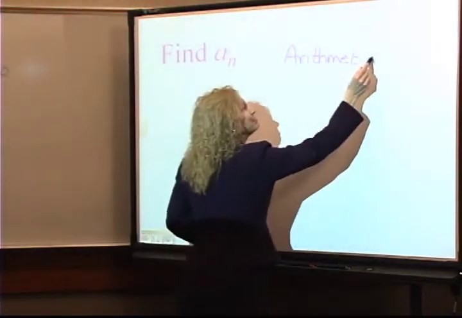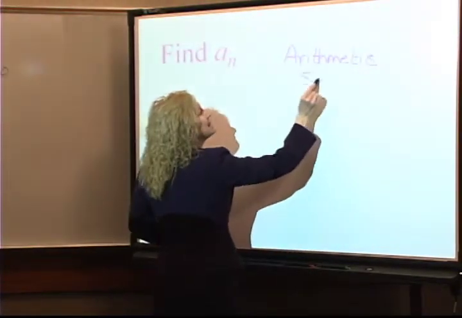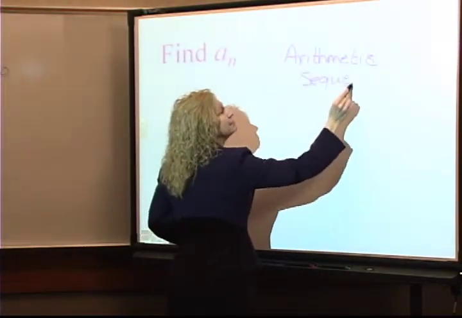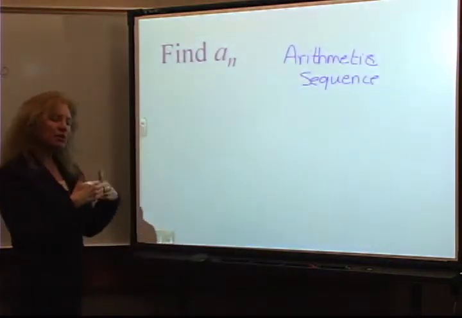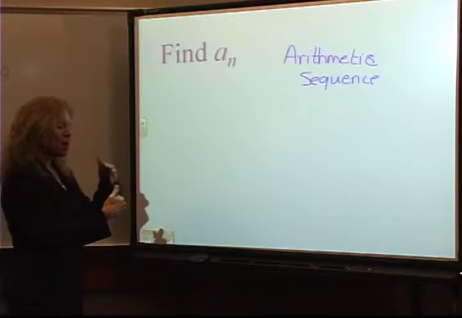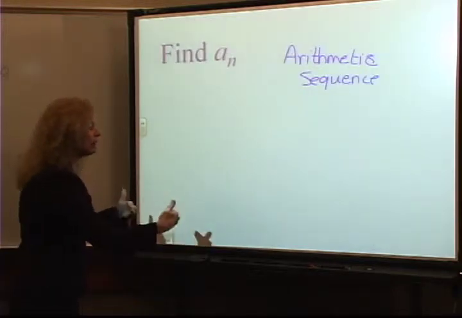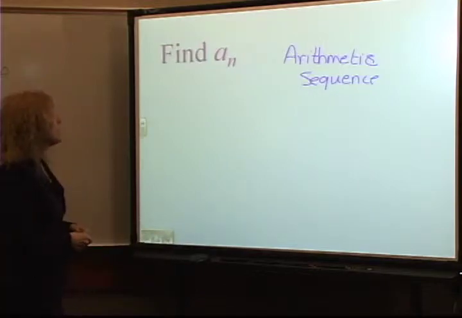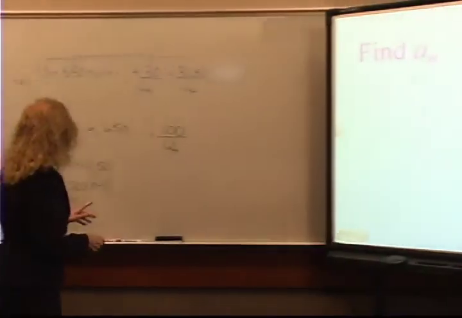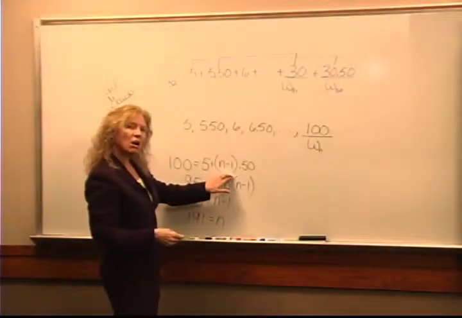I'll just write over it. Arithmetic sequence. And what makes it arithmetic? It is called arithmetic when I add the same amount, add the same amount, add the same amount to go out term by term.